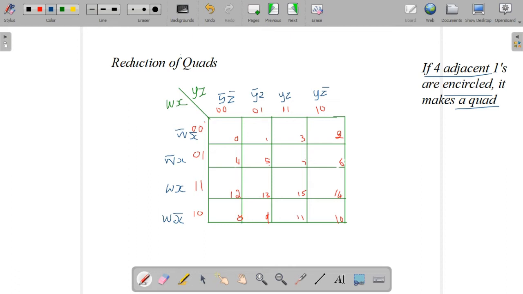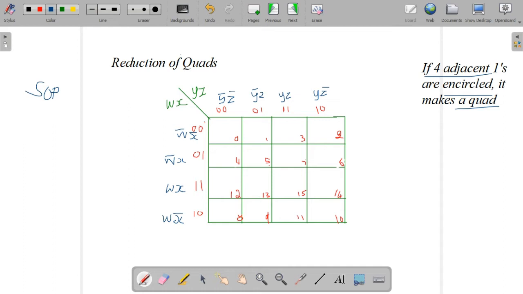You know these values, and this is an SOP expression. I have drawn the K-map like this because these are products, WX, YZ. Product of literals means each is a minterm. So we have drawn the K-map for the SOP expression.